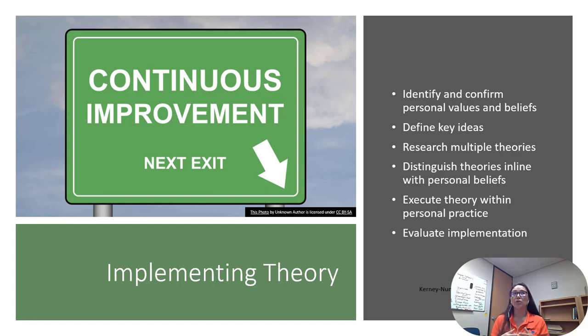You want to research multiple theories so that you can find an applicable theory. Sometimes you're going to find that one situation with one patient has multiple theories that are applicable. So you'll want to research how you're going to implement these theories into your personal practice, and you want to distinguish these theories with your personal beliefs.